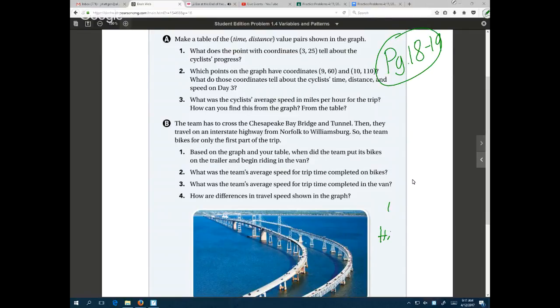Based on your graph and your table, when did you put the spikes on the trailer and begin riding in the van? How'd you know that? It's 10:05 to 11:15. They went so far. Hour 9.